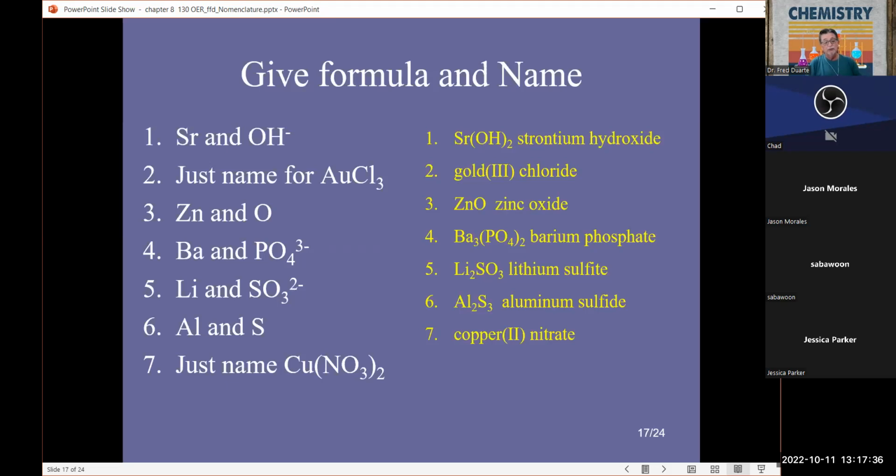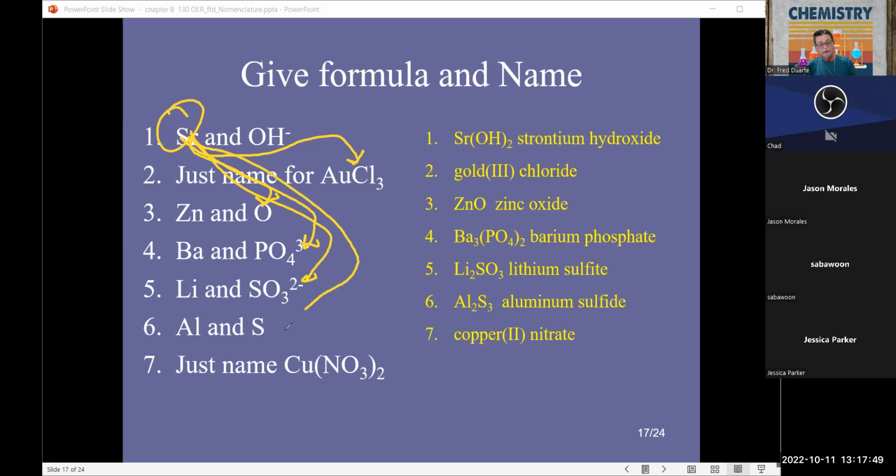Because even if we start with strontium, we can combine that with the chloride and the oxide and the phosphate and the sulfite and the sulfide and the nitrate. And we do the same with the gold hydroxide, gold oxide, gold phosphate, gold sulfite, etc., etc. So again, your database of compounds that you can put together is slowly increasing more and more.